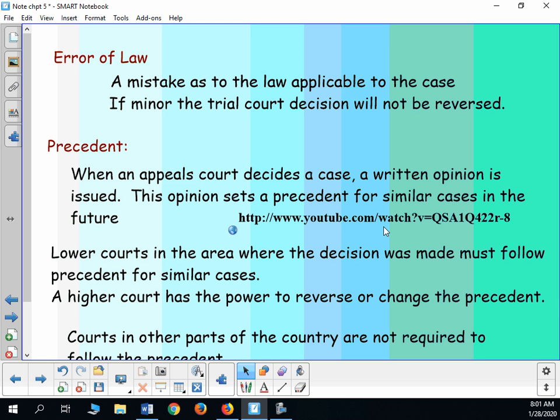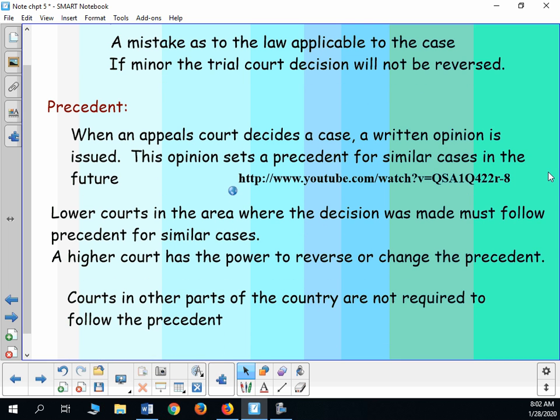Okay. Now, part of court decisions is something known as precedent. When an appeals court decides a case, a written opinion is issued. This opinion sets a precedent for similar cases in the future. What they're saying is lower courts in the area where the decision is made will follow a precedent in similar cases. A higher court has the power to reverse or change a precedent, but in most cases, they will follow along with what has already been decided.